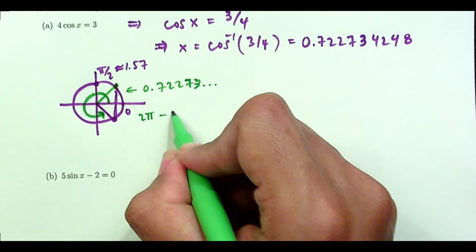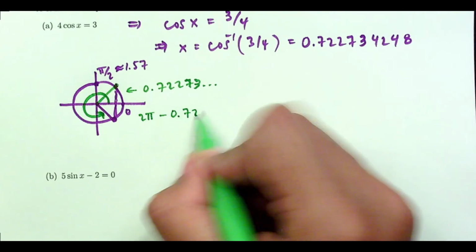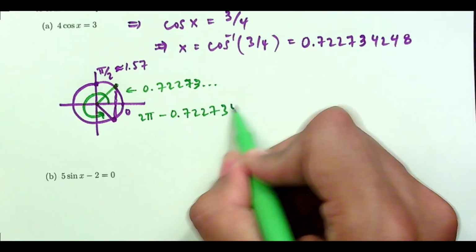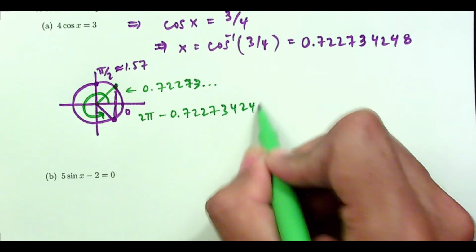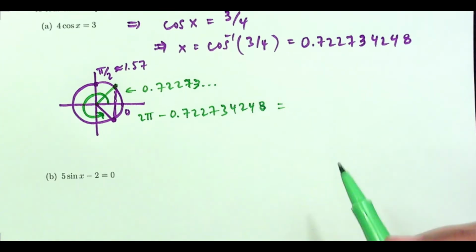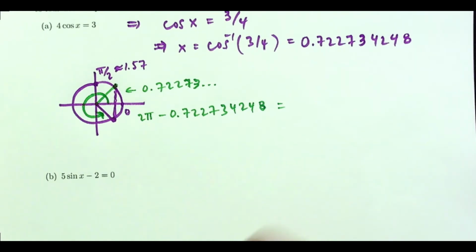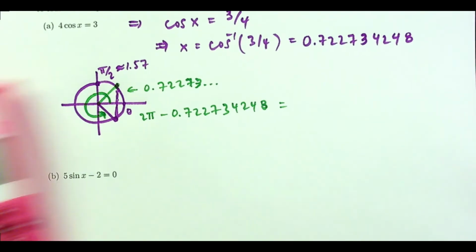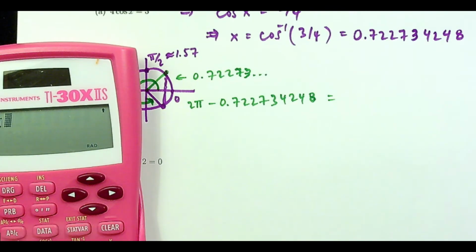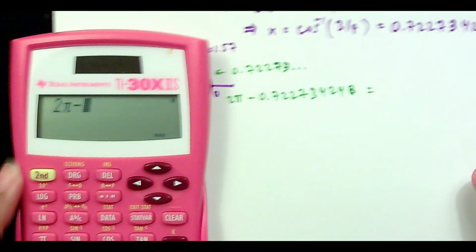So 2 pi minus 0.7227, and that's why I don't want to round just yet, because you see I told you it was not done. If you round it prematurely, you're going to get this wrong. So don't round until you really find both angles.